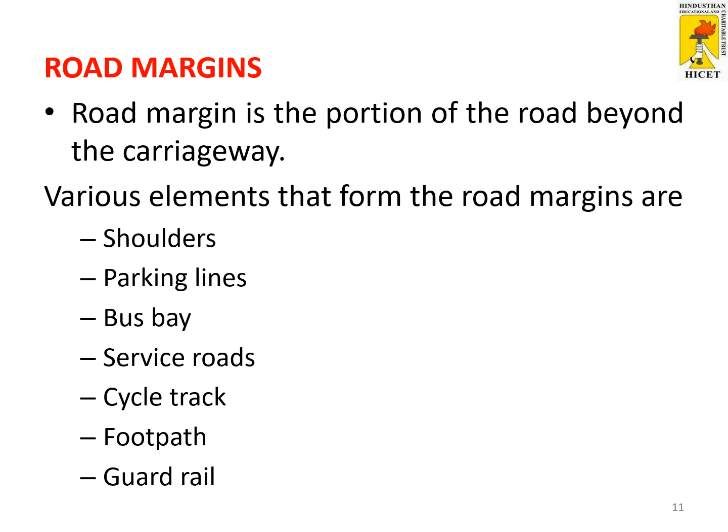Road margin. Road margin is the portion of the road beyond the carriageway. The elements of road margins are the shoulder, parking lane, bus bay, service road, cycle track, footpath, and guardrail. These elements we can provide in the road margin space.